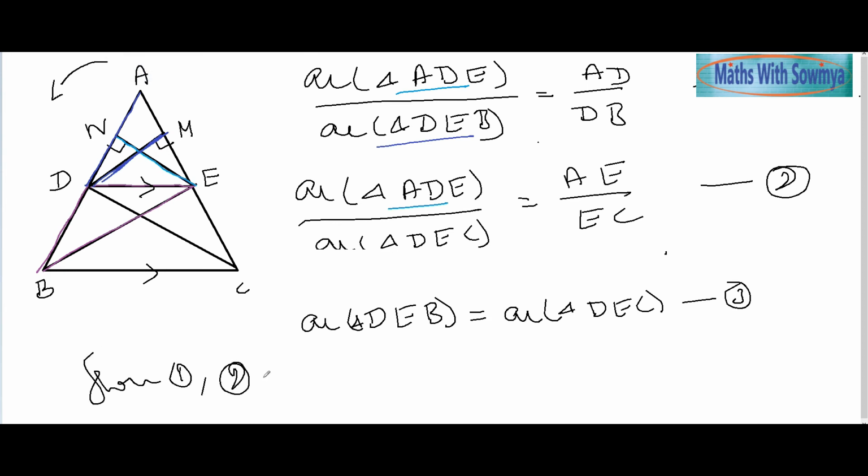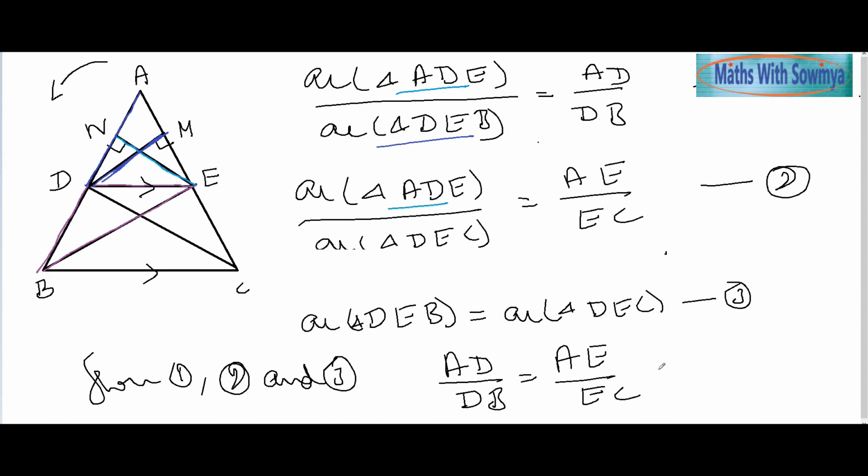I can say AD by DB is equal to AE by EC. This is the required thing for the BPT theorem. So there we end with the BPT theorem.